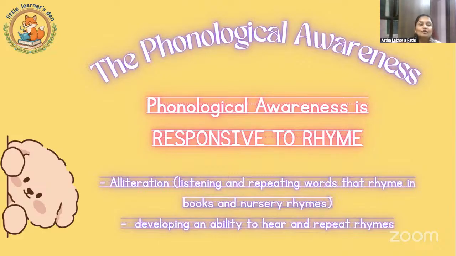For example, Peter Piper picked a pack of pickled peppers. So it's not about producing rhymes or rhyming phrases. At this stage, it is about developing the ability to hear and repeat the rhyming words, basically to identify them.